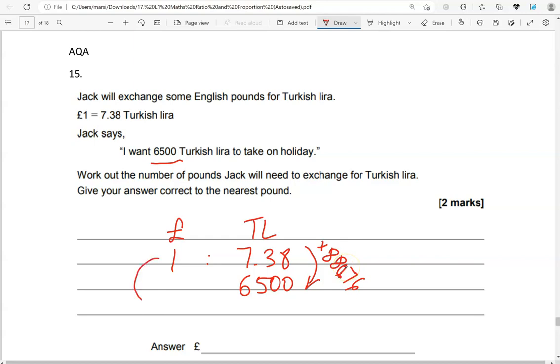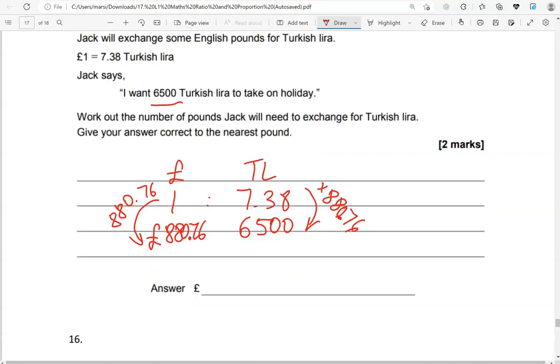So we multiply 1 by 880.76, which is 880.76. So that is £880.76.